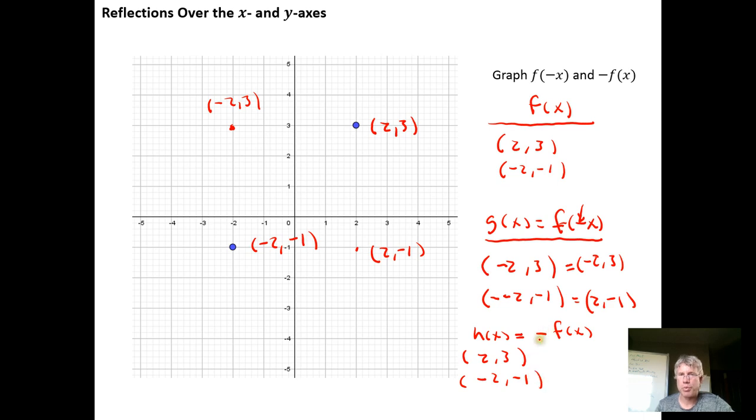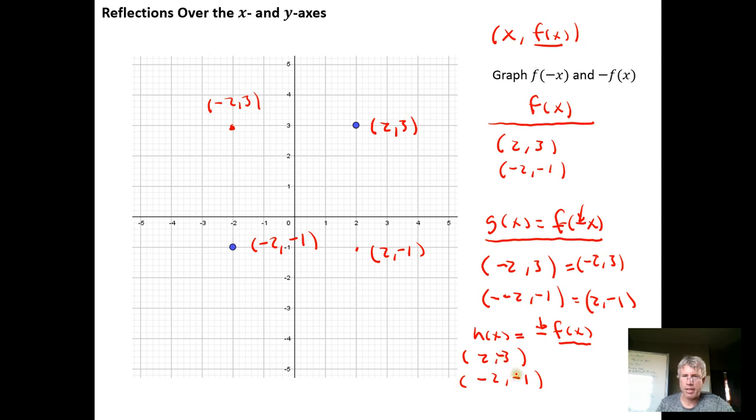But now this says put the negation on the output. Remember, ordered pairs come in inputs and outputs, and f of x represents output. So this negation right here is on the output. So I come into the ordered pair, I negate the output.